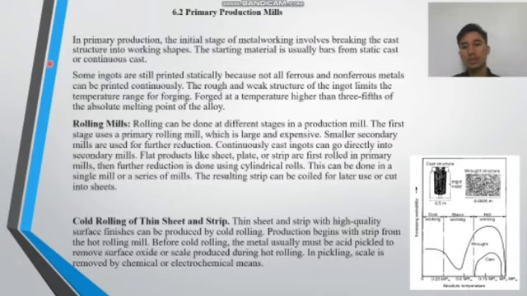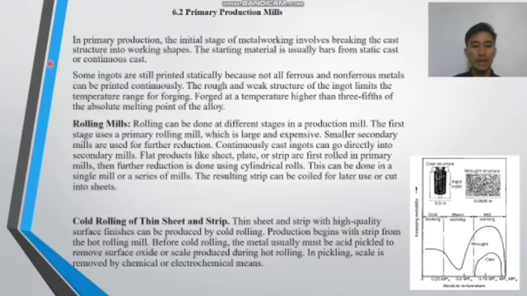Rolling mills. Rolling can be done at different stages in a production mill. The first stage uses a primary rolling mill, which is large and expensive. Smaller secondary mills are used for further reduction.